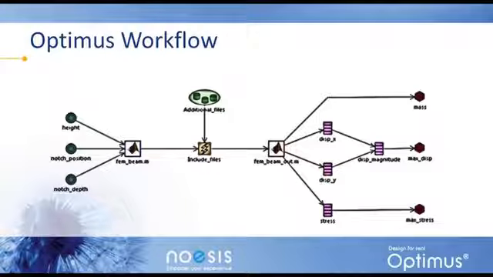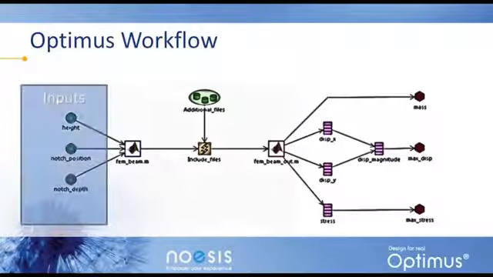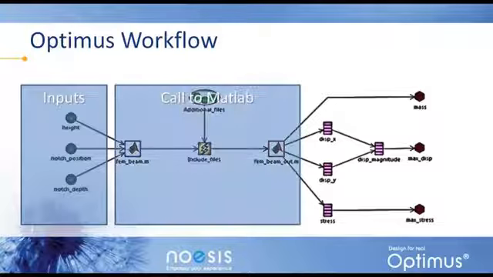So in setting up this process, the first thing that we need to do is sketch out the workflow that we're planning to implement. As we've mentioned, we first want to identify the inputs that we're going to be changing. And so here you can see we've sketched out the inputs.